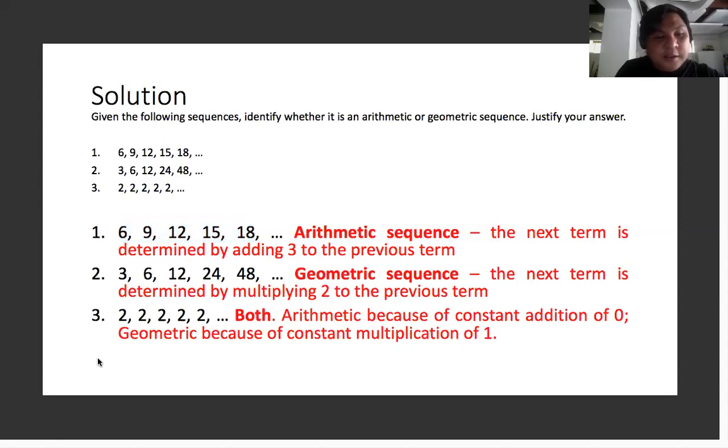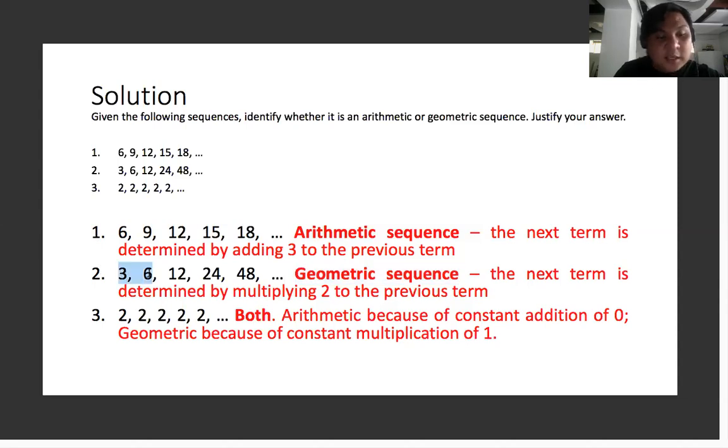Right? Number 2, 3, 6, 12, 24, and 48. It is a geometric sequence. It's a geometric sequence because the next term is determined by multiplying 2 to the previous term. So you keep doubling it to get the next term. So 3 times 2, you get 6.